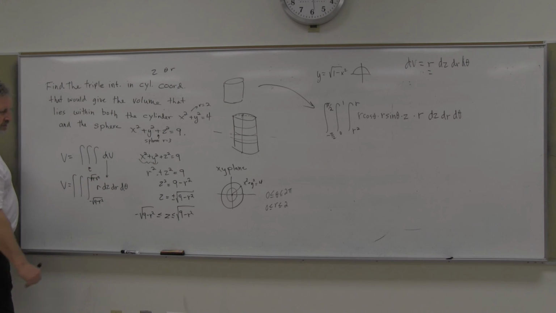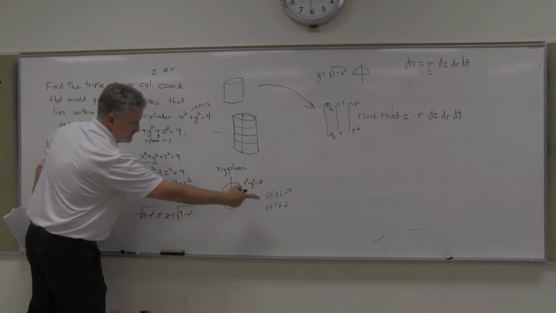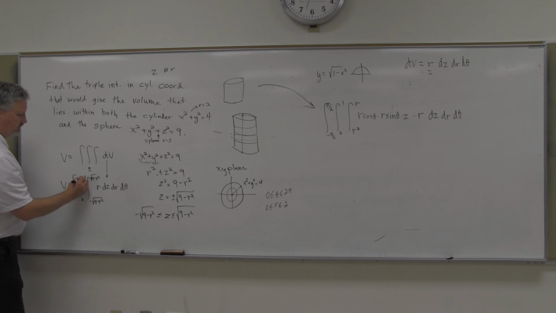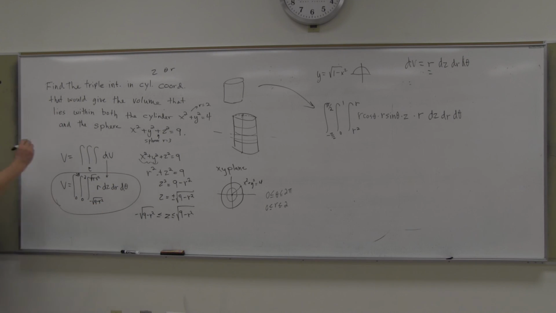Then we do the r's, 0 to 2. And then theta is 0 to 2 pi. So that would give us the volume. Not too bad.